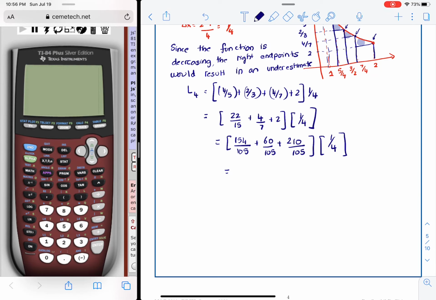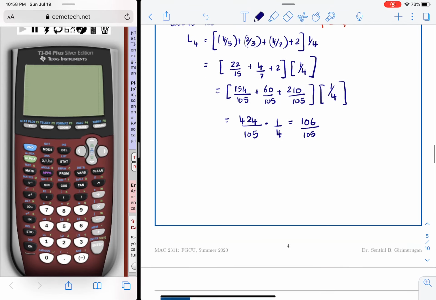Add 210 to that. We have 424 divided by 105 times 4, which is 106 over 105. And that is the final answer.